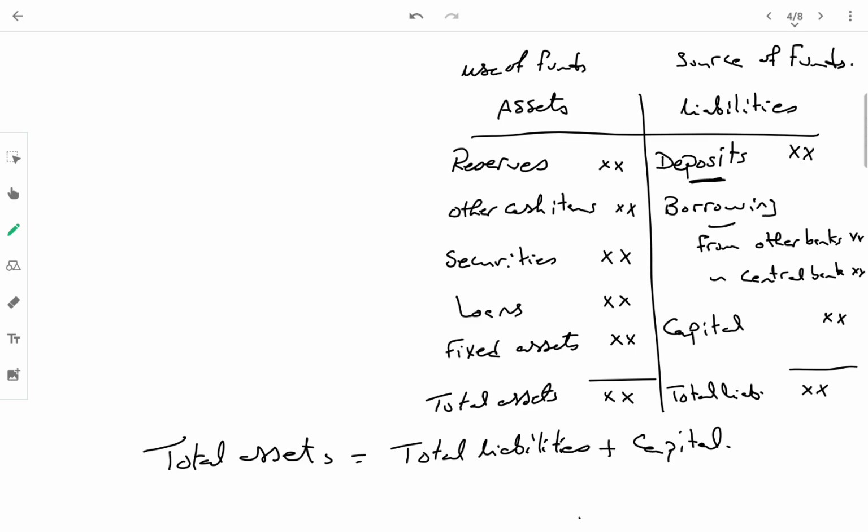Let's start with the use of funds, or bank assets. What's meant by each one of them? Number one, reserves.